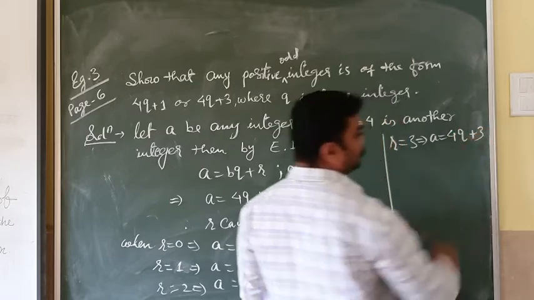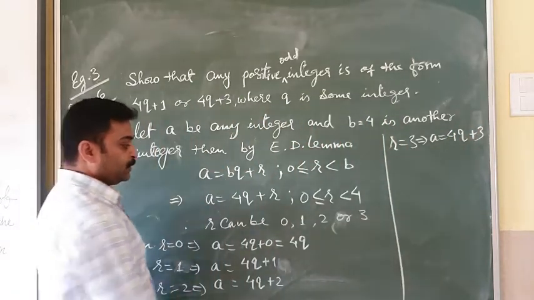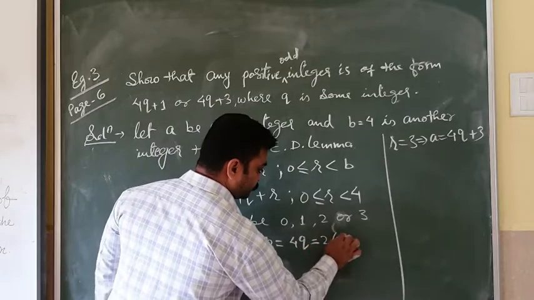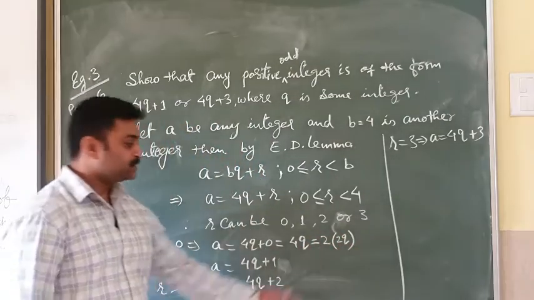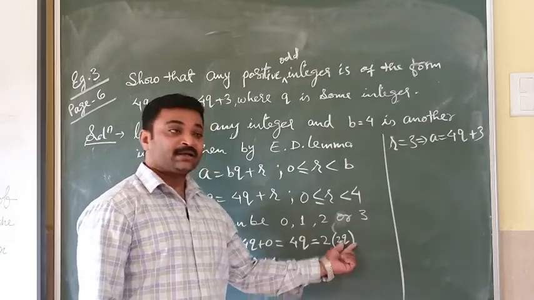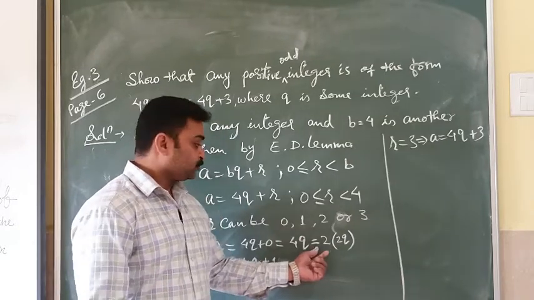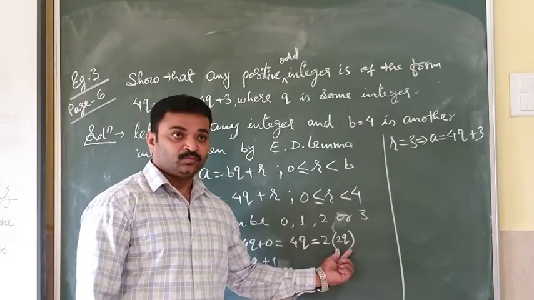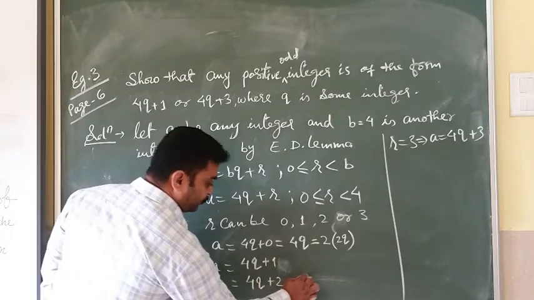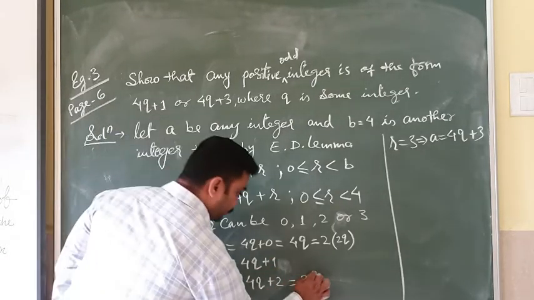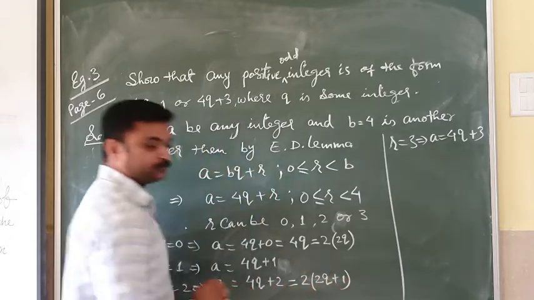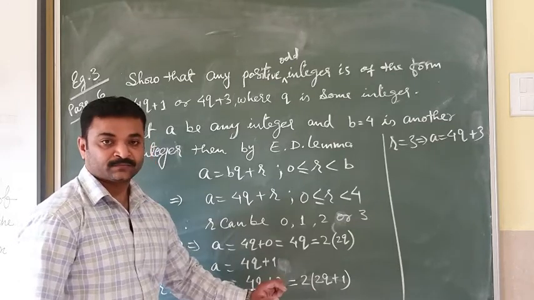Okay, now here this 4q can be written as 2 into 2q. That is, an integer multiplied by 2 is again an integer, then this integer multiplied by 2 again gives an integer. So it is a multiple of 2. Now here again we can take 2 common, and write 2 into 2q plus 1.